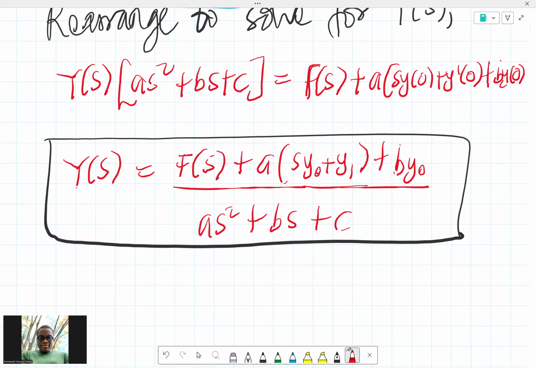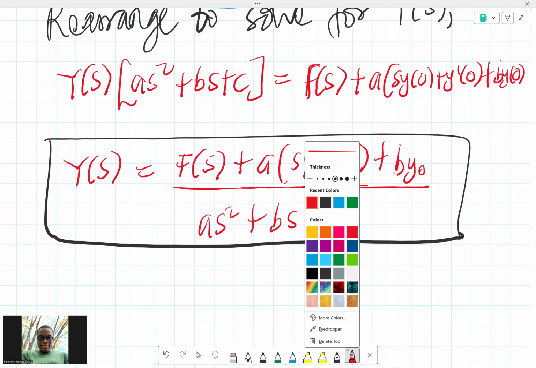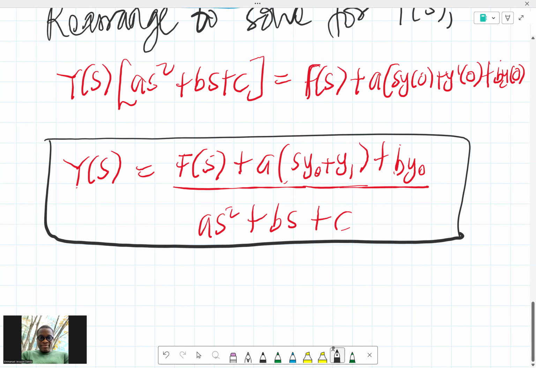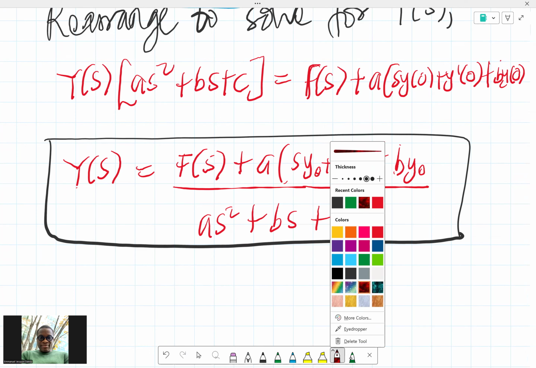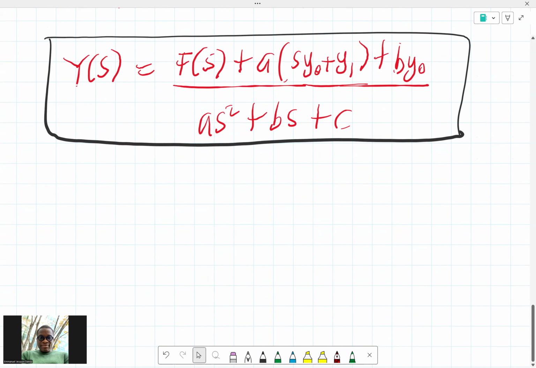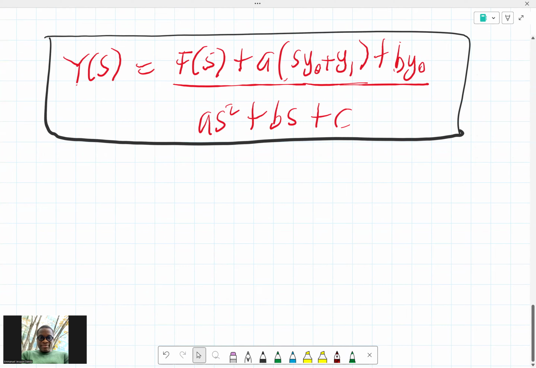Now let's take a practical example so we can get the gist better. Let me go green and then do this here. Okay, so example.